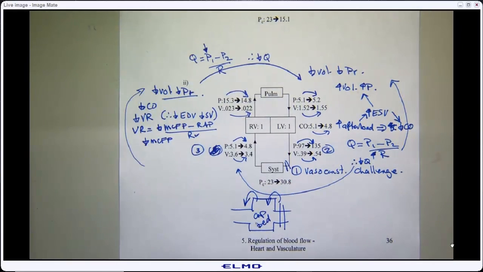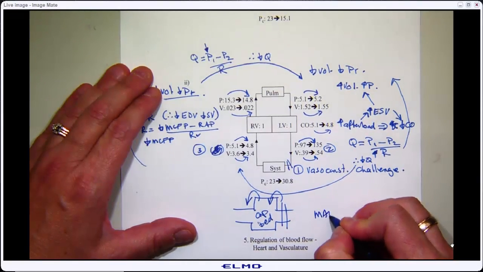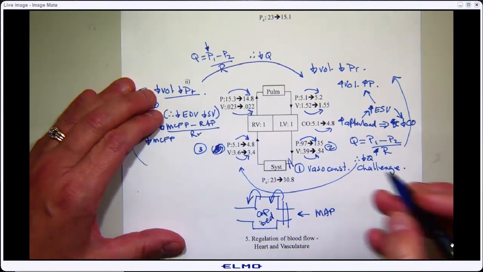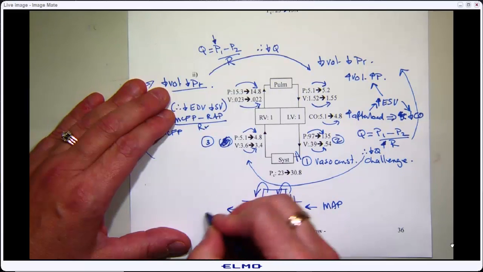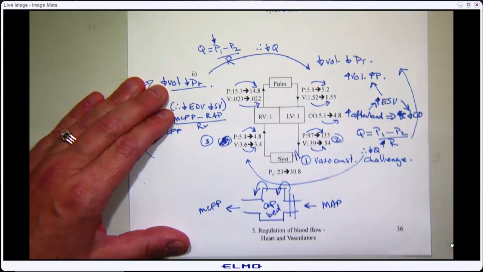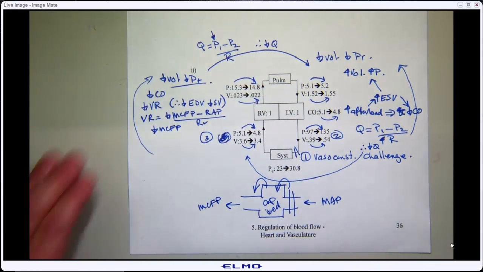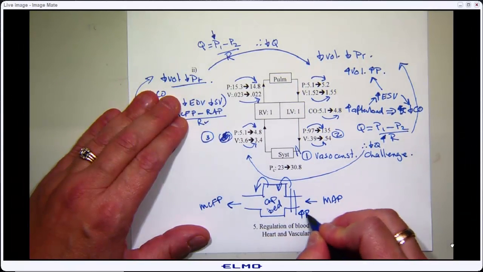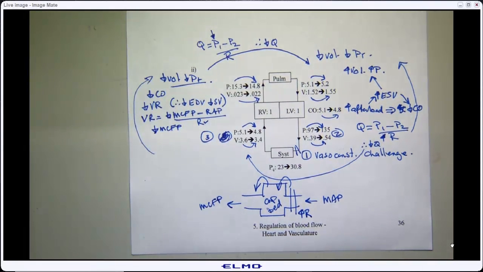So volume in had to do with mean arterial pressure. Okay, we've been here before. And volume out, mean circulatory filling pressure. But we also increased resistance. Okay, so there's three arguments. There's two arguments for volume in and one argument for volume out. Okay?